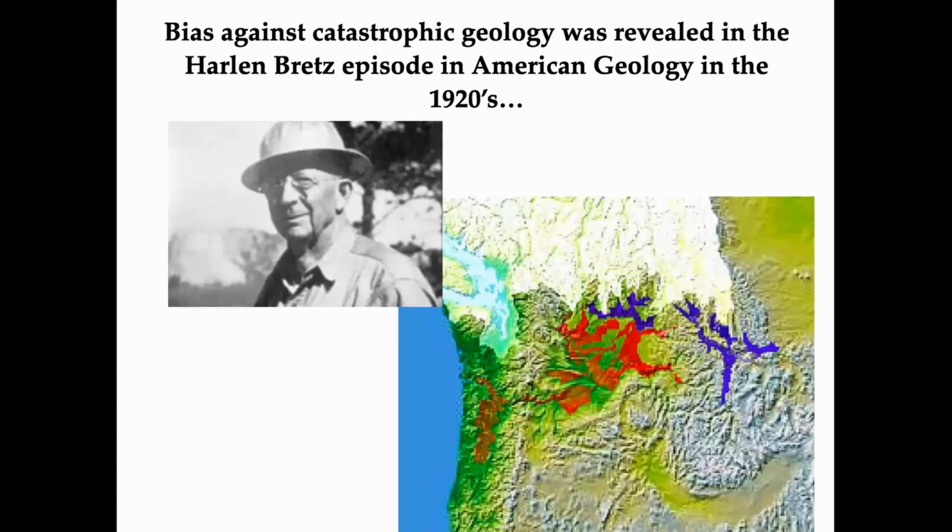Now, let me just pause here, go a little bit of a rabbit trail. There is a bias in geology against catastrophic processes that affect Earth's history. That actually goes all the way back to Charles Darwin and the influence of Darwin's book On the Origin of Species. Now, Darwin relied very heavily on the geology of Charles Lyell.